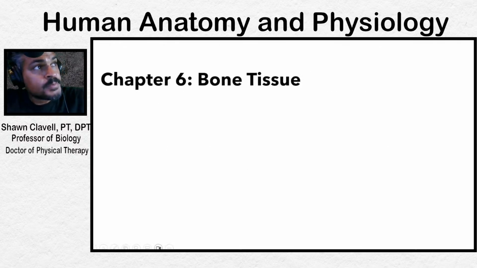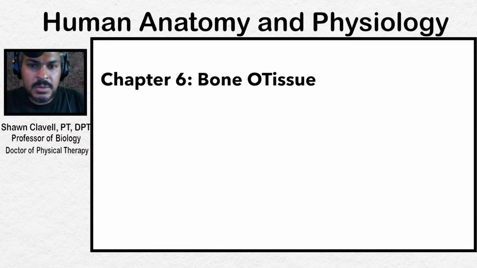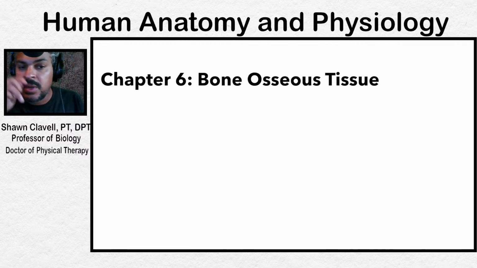section. So, chapter 6, which is what we'll be talking about this week and going into next week, is bone tissue, or I could even give you another term as it's called osseous tissue. So bone or osseous tissue is going to be the big topic here for the week.